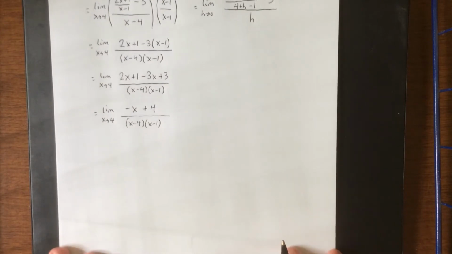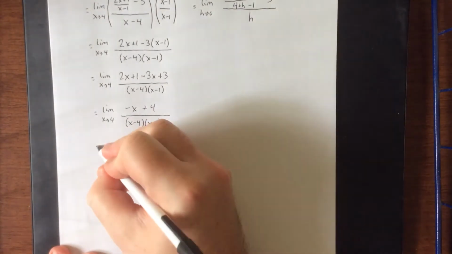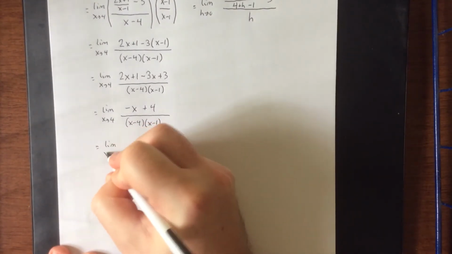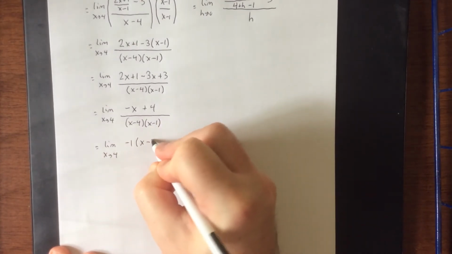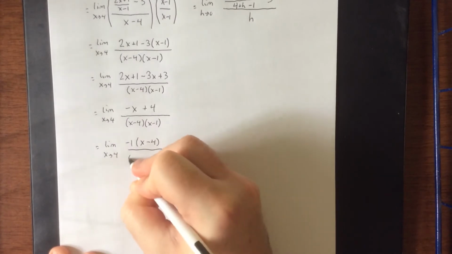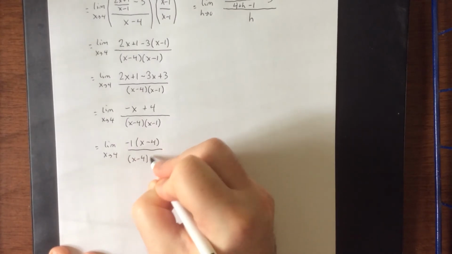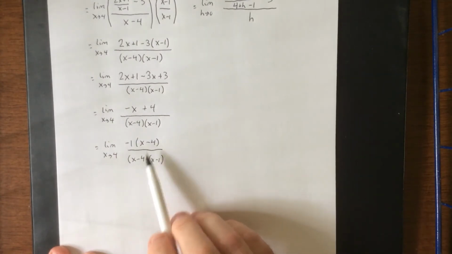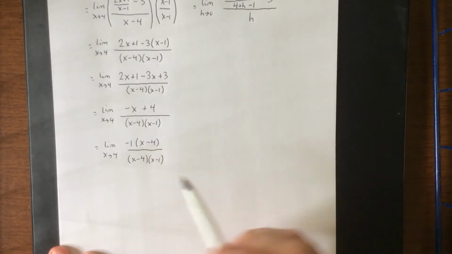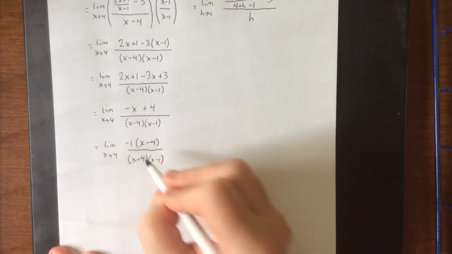As a common factor in the numerator, I'm going to factor out a negative 1. Factoring out a negative 1 will leave us with a factor of x minus 4. And the reason that that is good is because we now have an x minus 4 in both the numerator and denominator, allowing us to cancel those out.